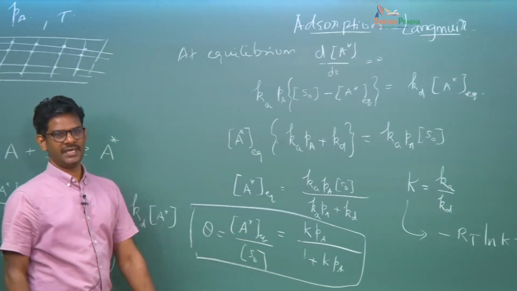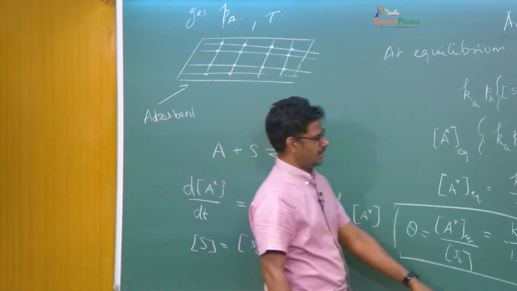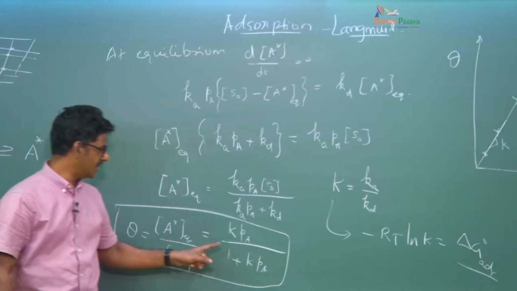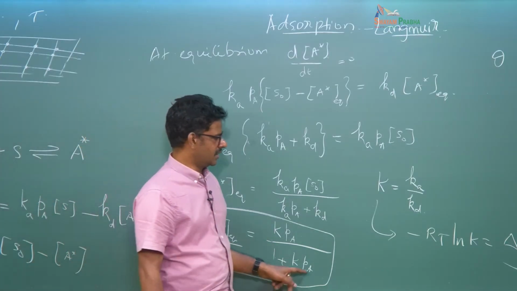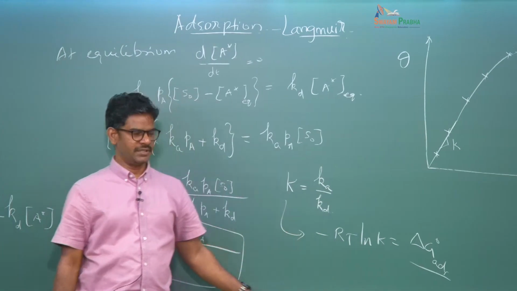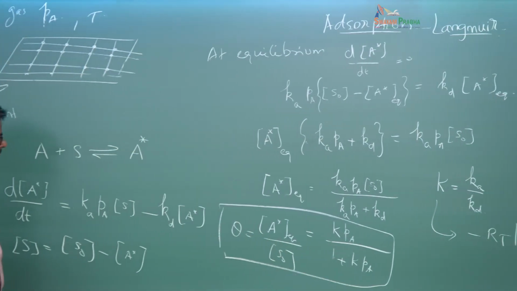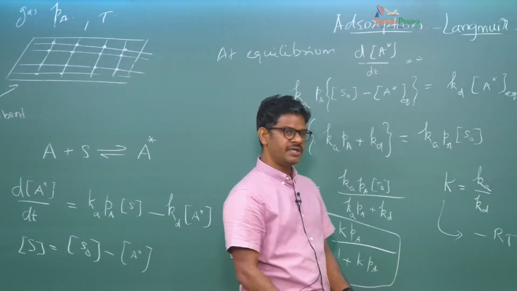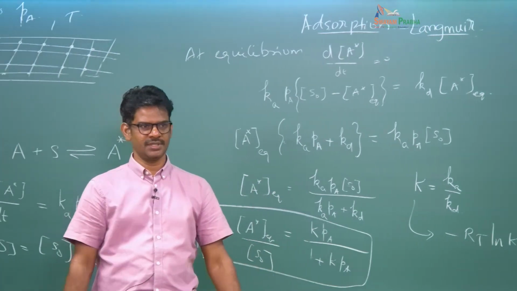If I know the delta G, that is the free energy change for adsorption, you can get that K from here, and that K goes in here. For a given temperature T, K is uniquely found, and that's what goes in here.